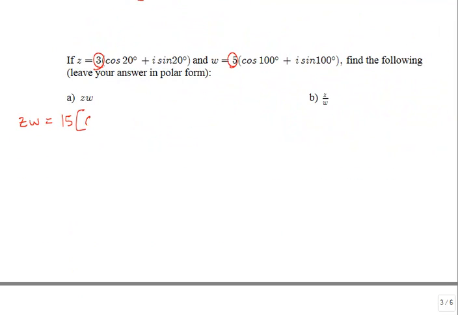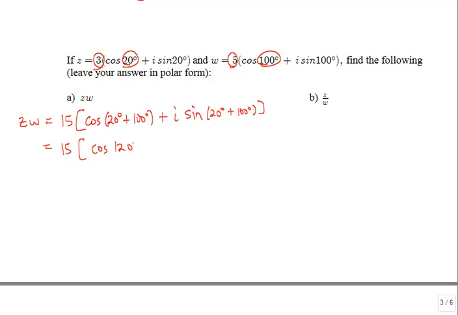So this is going to be cosine of 20 degrees plus 100 degrees. And then we do the same thing for sine, the one with the I in front. So sine of 20 degrees plus 100 degrees. So we get that 15 out front, and when we simplify, we get cosine of 120 degrees plus I sine of 120 degrees. We can stop here because it says to leave the answer in polar form.